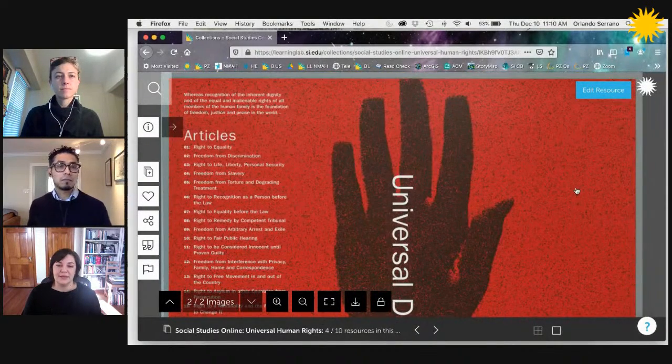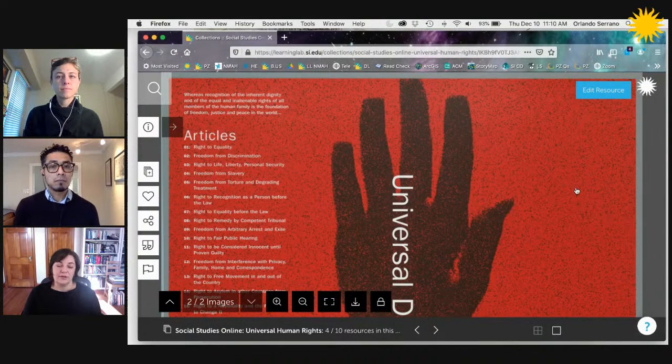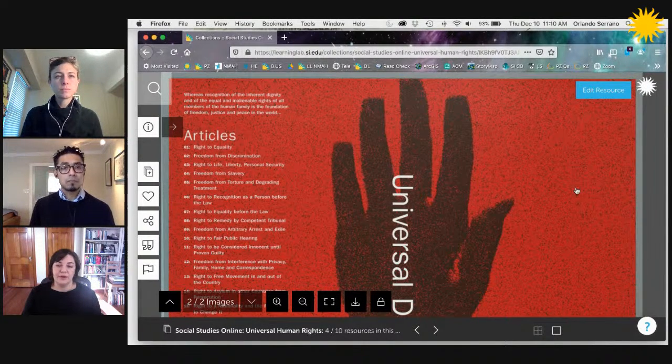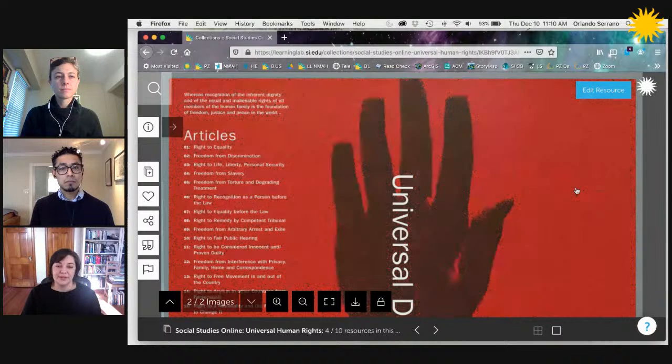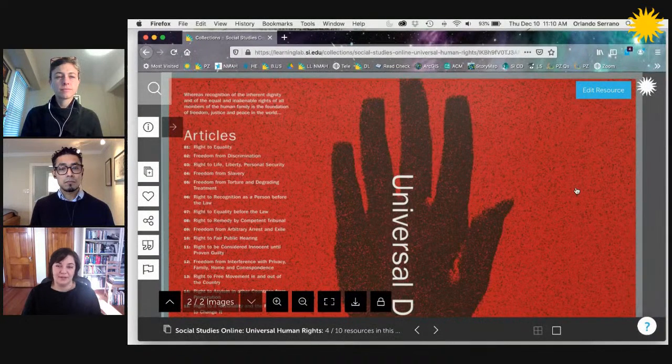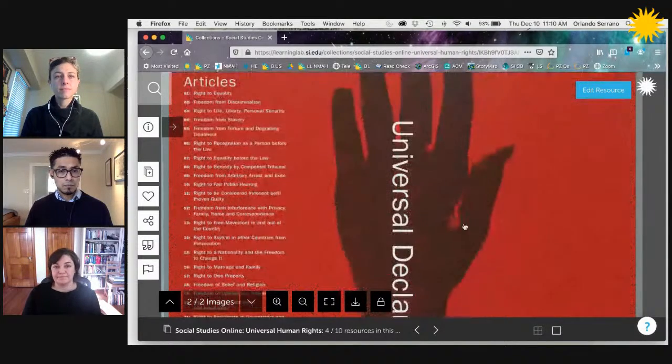You can see as we zoom in that the articles of the Universal Declaration of Human Rights are spelled out in brief throughout the poster. So it is an informational document that's meant to cultivate an understanding, an education about what human rights are.